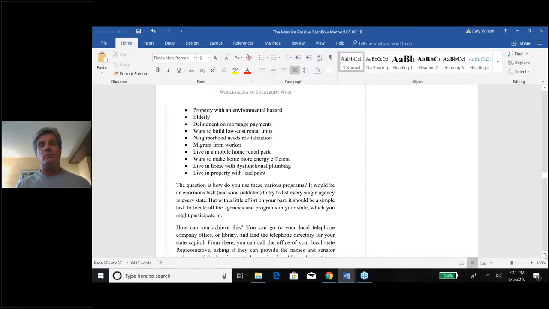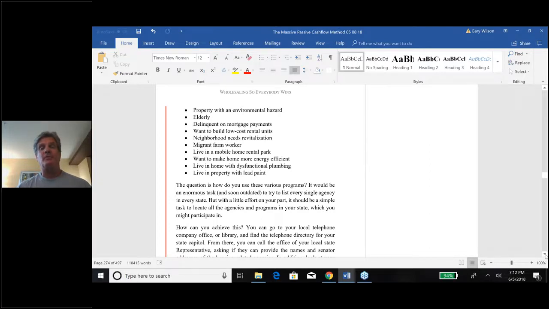One of his favorite strategies was he would buy large apartment complexes, and as long as he made a percentage of those units available to people receiving a rental subsidy through the government, like Section 8, for example, he was able to get a Freddie Mac loan at a 40-year term at 3.5% interest. And interest rates were not 4 and 5%, guys. They were much higher. So in any case, lots of programs out there.